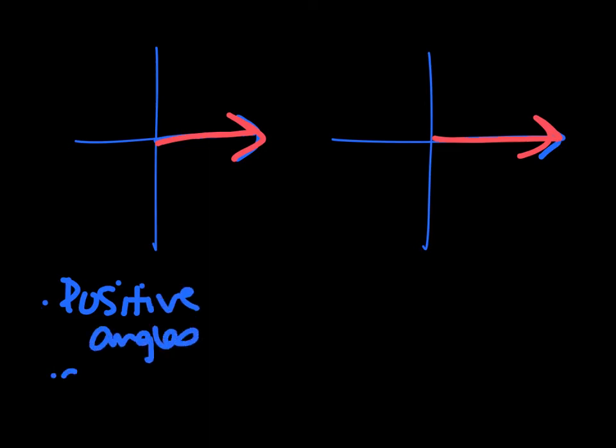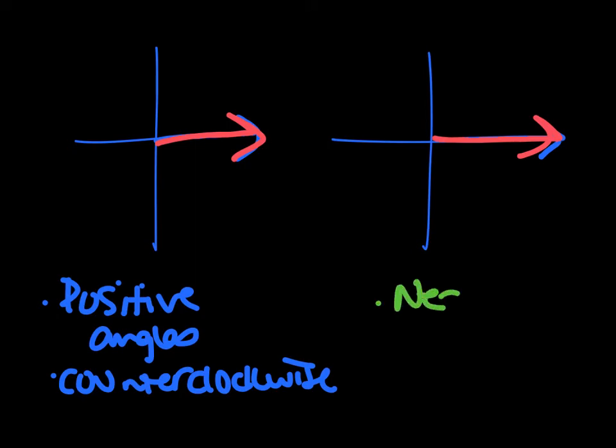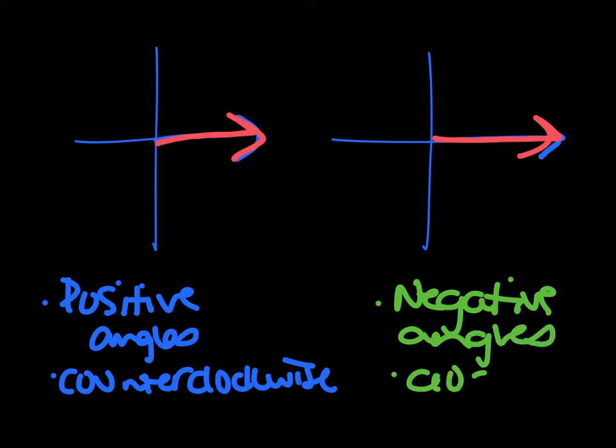We have two kinds of angles. We have positive angles, which go counterclockwise. Then we have negative angles, which go clockwise.